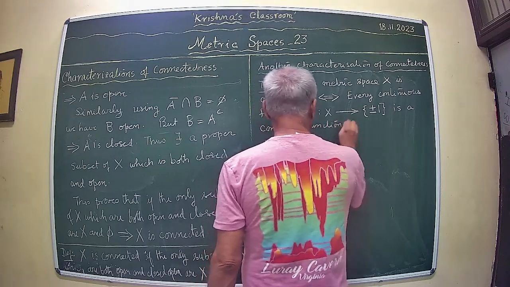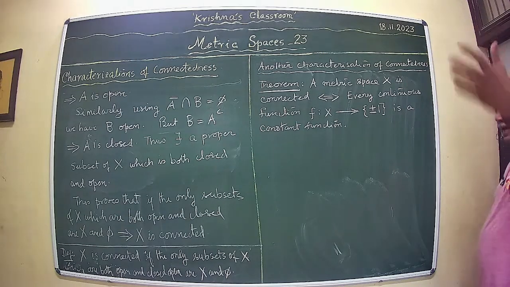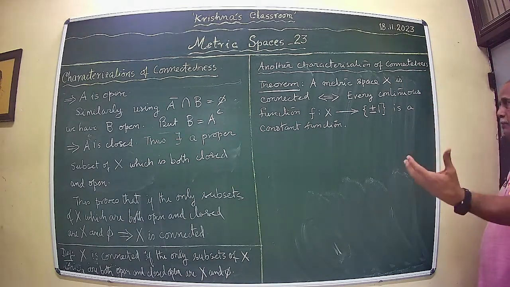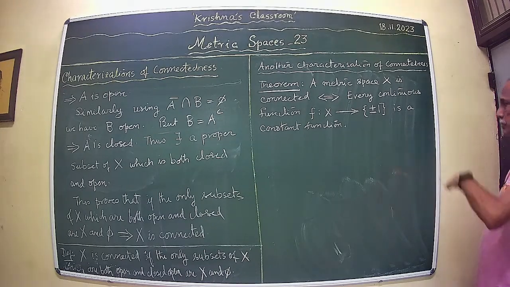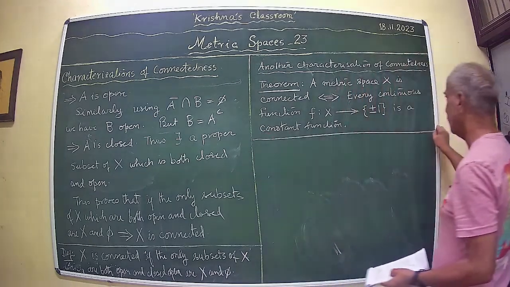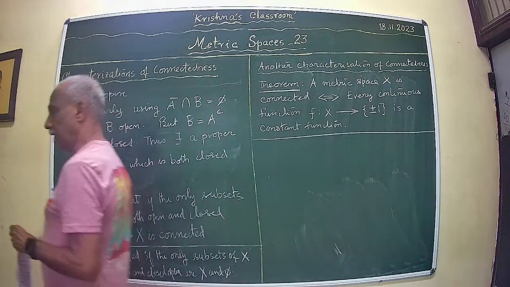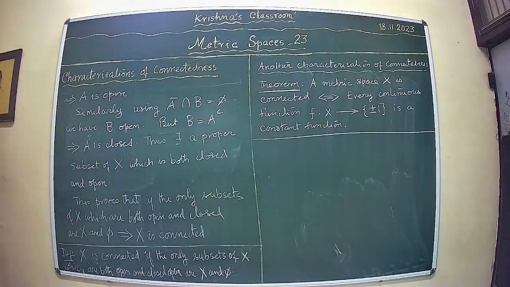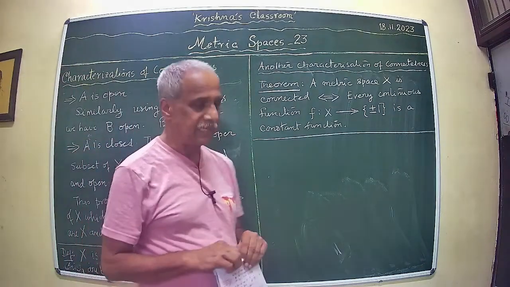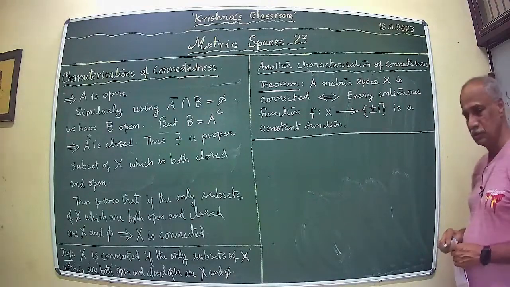A constant. That means either it maps the entire X to +1, or it maps it to -1. This is the theorem, and this is an if and only if condition, trying to find out what you call connectedness through the help of a continuous mapping.